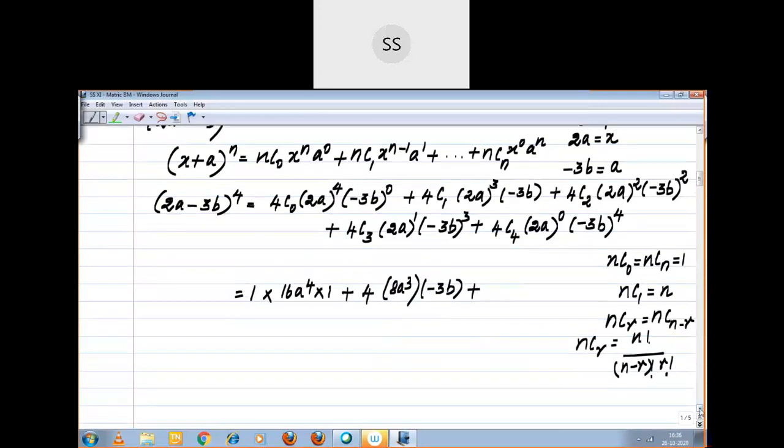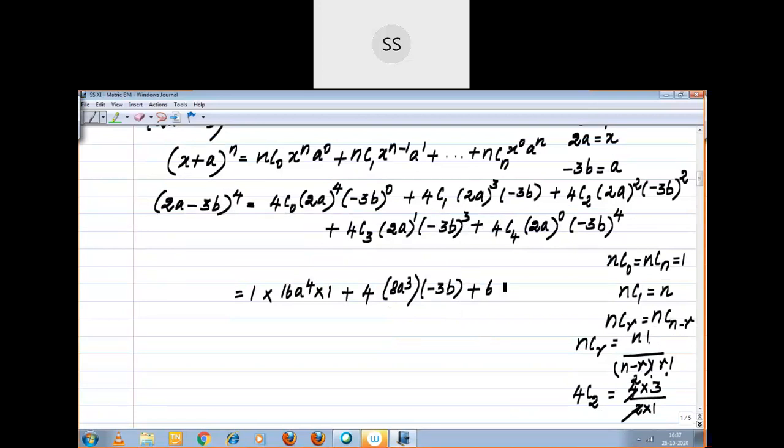Or I taught you the shortcut method, right? That is 4C2. Based on r, you have to write the terms in the numerator in reverse order. How many terms do you want to write in the numerator? Only 2 terms, in reverse. 4 into 3, denominator 2 into 1. Based on r, you express the terms in the numerator, that too in reverse order.